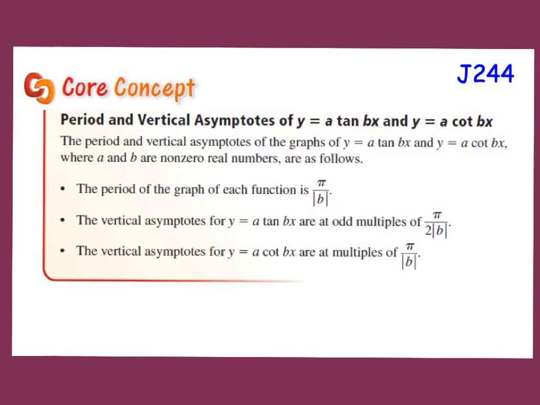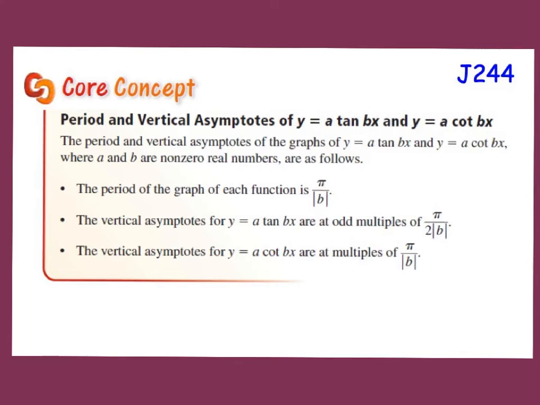Core concept: period and vertical asymptotes of y equals a times tangent bx and y equals a times cotangent bx. The period and the vertical asymptotes of the graphs of y equals a times tangent bx and y equals a times cotangent bx, where a and b are non-zero real numbers, are as follows.